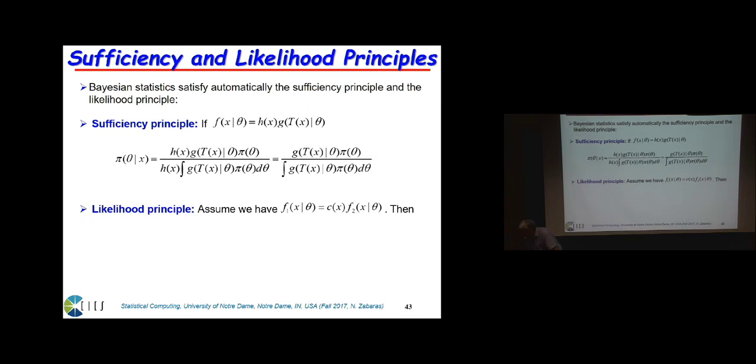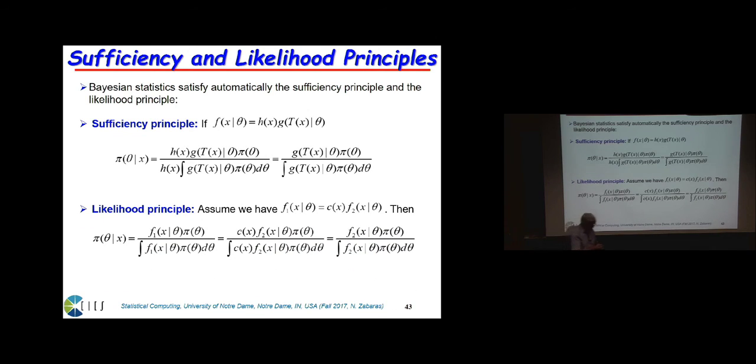So you may ask, is a full Bayesian analysis, basically when we compute and use the posterior distribution for making decisions and inference, do they satisfy the sufficiency principle, and do they satisfy the likelihood principle? And let's pick up one of those.